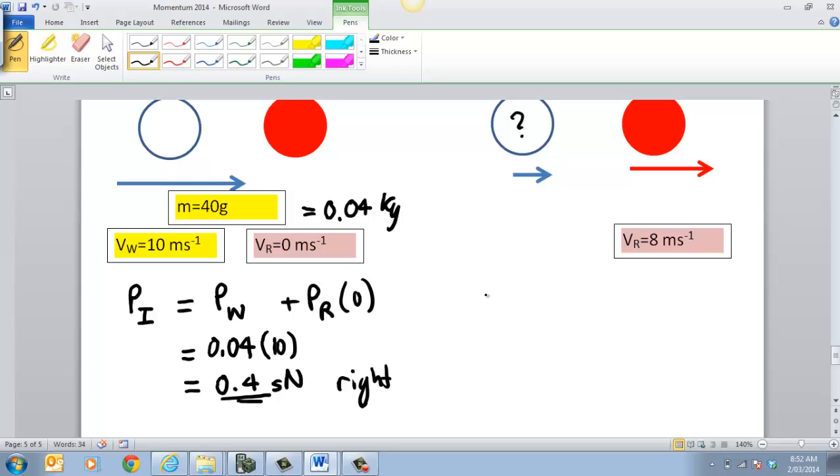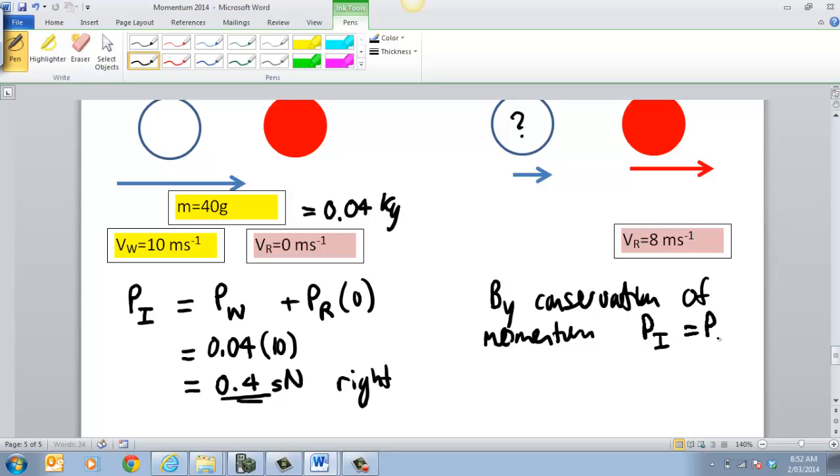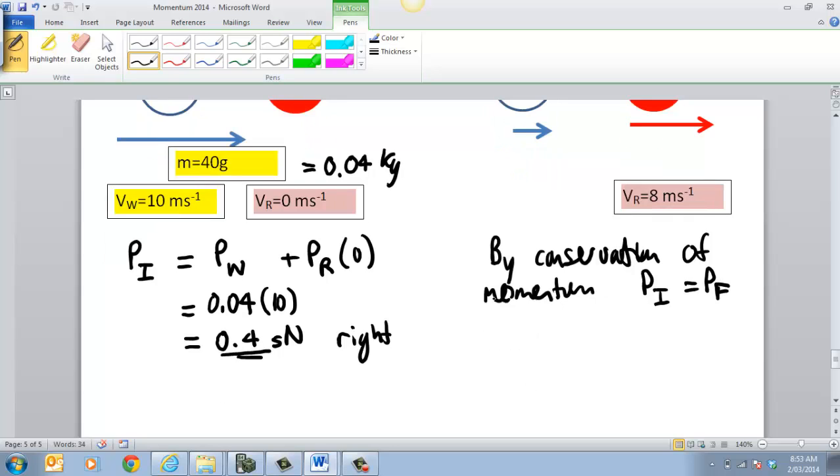Now, we need to say, by conservation of momentum, that P initial is equal to P final. So therefore, we know that our final momentum, P final, has to be equal to 0.4 kg m/s.